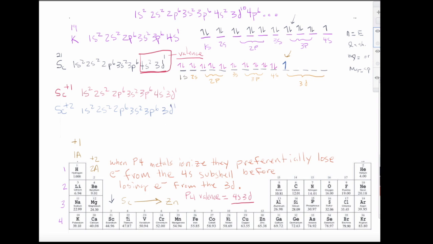Now I'm going to go ahead and underline the valences here. So for the Sc+1, here's my valence. And for Sc+2, here's the valence.